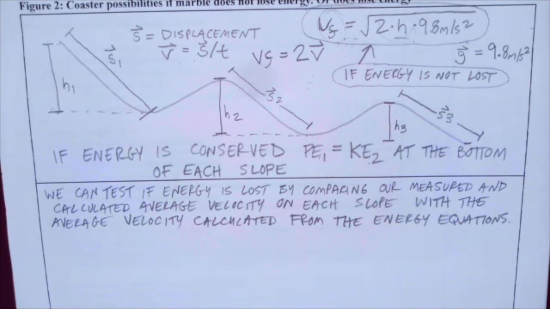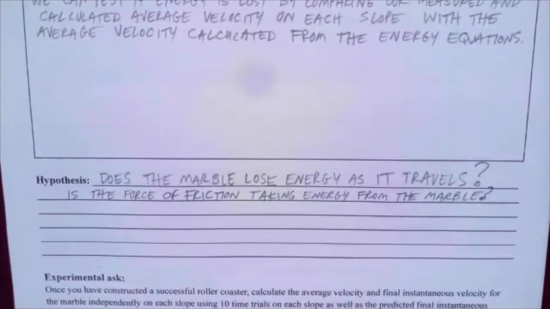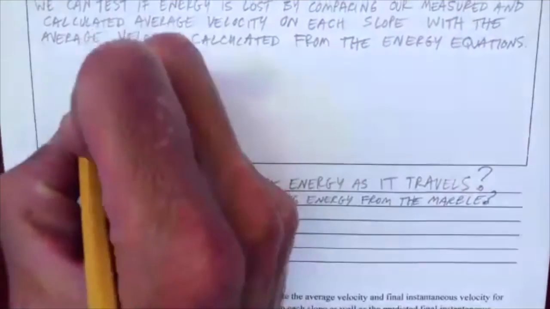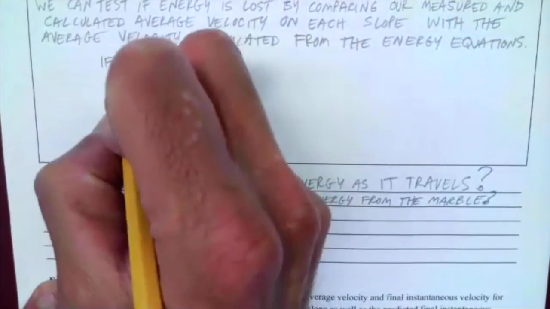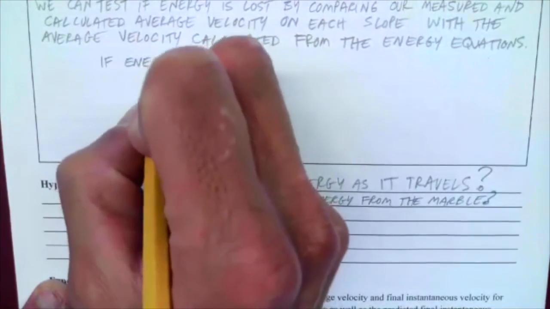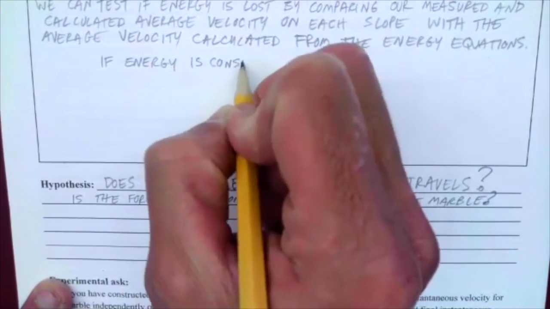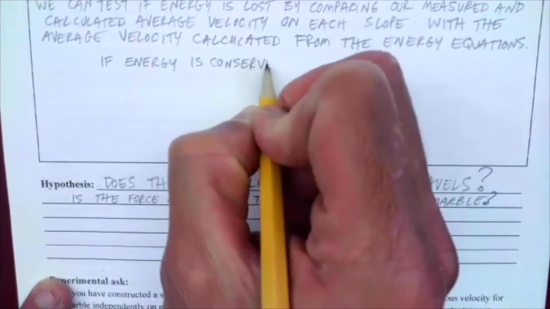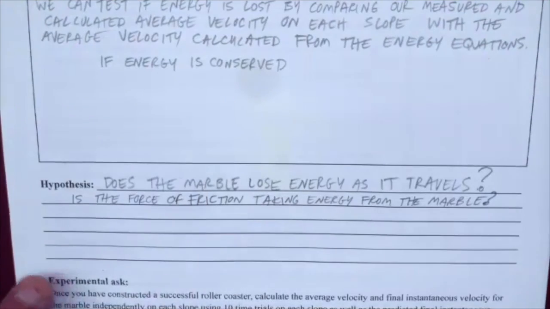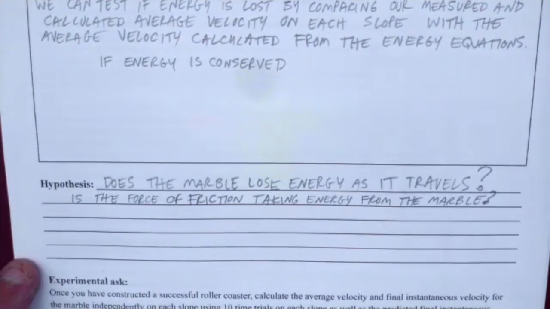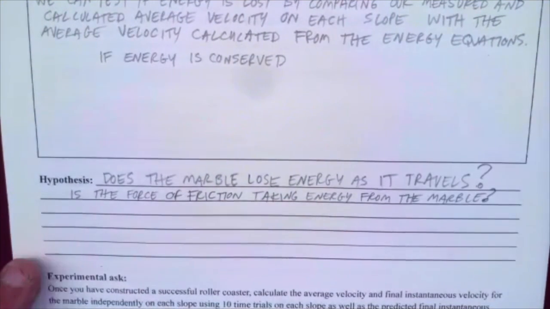Okay, so cool. Let's draw the second bit. So if energy is conserved, so the difficult part here is writing this hypothesis and giving me two ways that you can demonstrate it in words. And that's what we're going to spend the rest of the class doing.